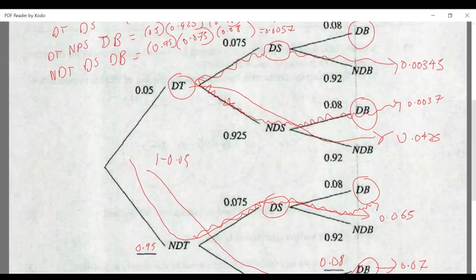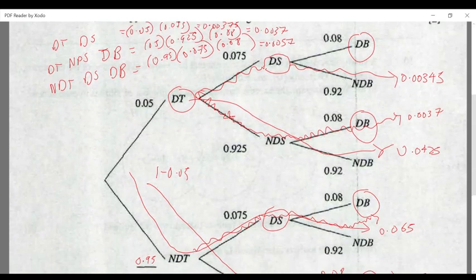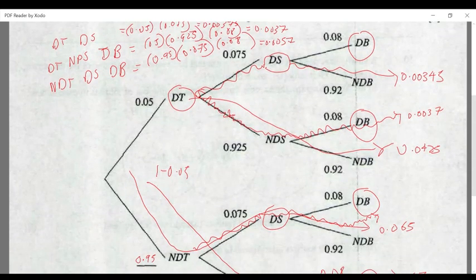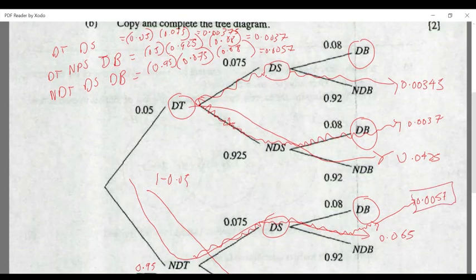ds db. And I've already computed this. It's 0.0057. So now that I have this number, I have this number, and I have this number, I just need to add them.